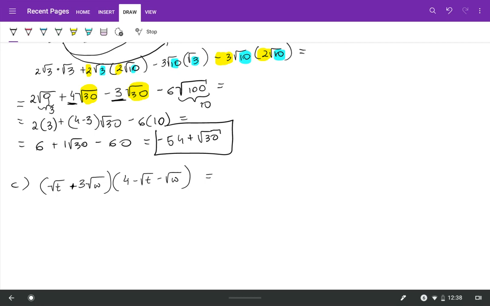Okay, equal. So here what we're going to do, we're going to apply also the distribution property.